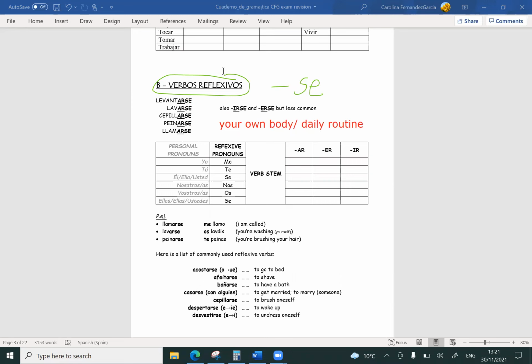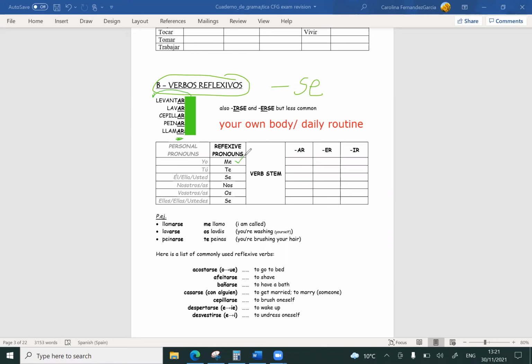So what I have to do is get that se, get rid of it and move it to the front. And once I get rid of that se, what do I have left? A normal AR verb that I'm going to deal with as the ones before. So what do I do with that se? I change it according to the person.